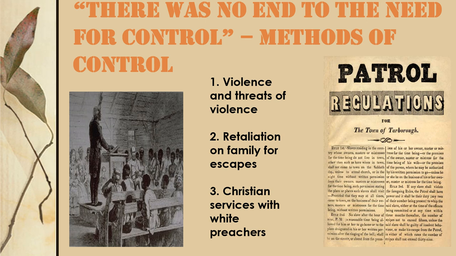Another clever method of control, not, of course, a blunt one like violence and threat of violence, was encouraging slaves who were already Christians to go to church services with exclusively white preachers. In that picture, I'm not sure if that's a white preacher intended to be drawn there. But slaves sometimes were allowed to go to church services with black preachers, or in many cases, they did so covertly.